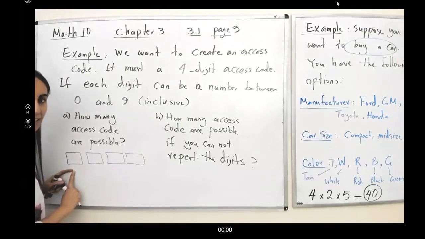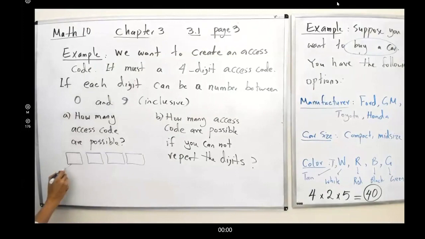The first subtask can be done in 10 different ways. This can be 0, 1, 2, 3, 4, 5, 6, 7, 8, 9. So you have 10 choices for the first subtask.